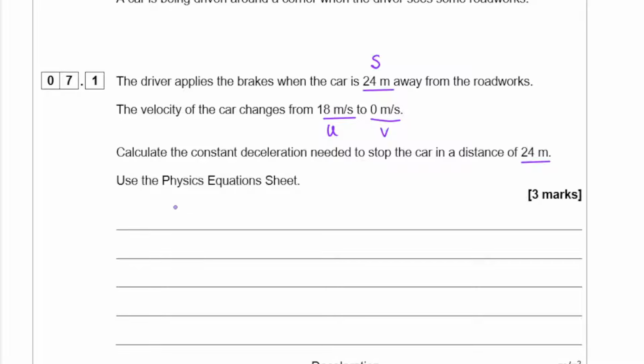So in the physics equation sheet, you will find this equation, v squared minus u squared equals 2as. So v is the final velocity, so that is 0 squared, minus u, the initial velocity, which is 18 squared, equals 2 multiplied by the acceleration multiplied by the distance, which is 24.